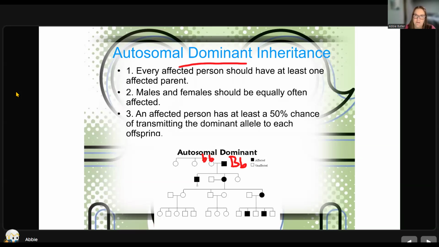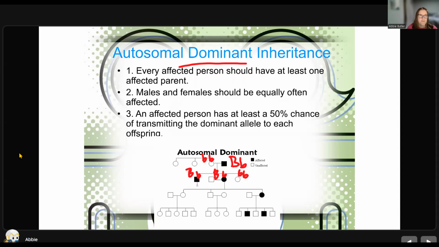This is a dominant situation, so we know she doesn't have the trait, so she's all little b's. We know she's passing little b's to her children, and we know that he's passing at least a big B to the ones that are shaded in. And we determined that he's big B little b because he has a daughter who is not affected by the trait.